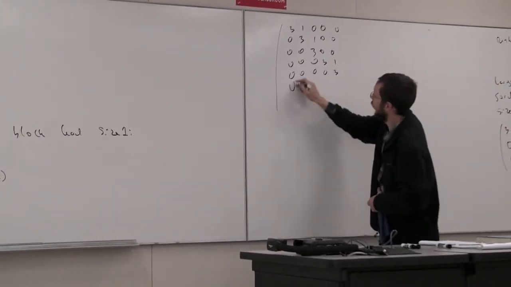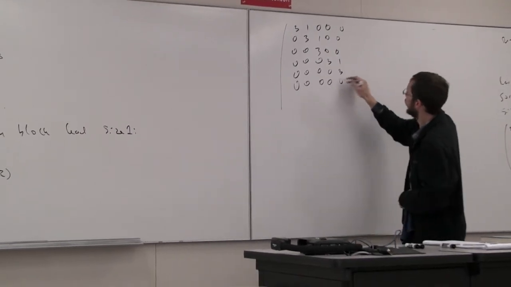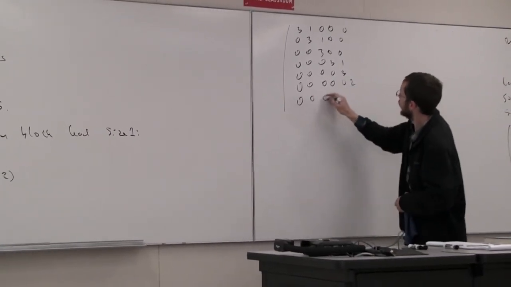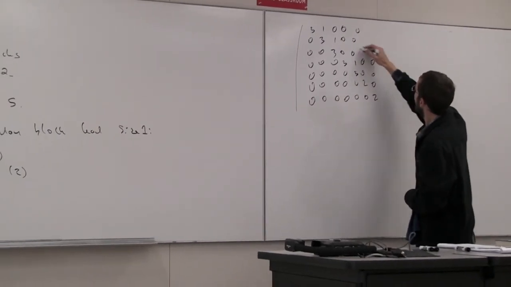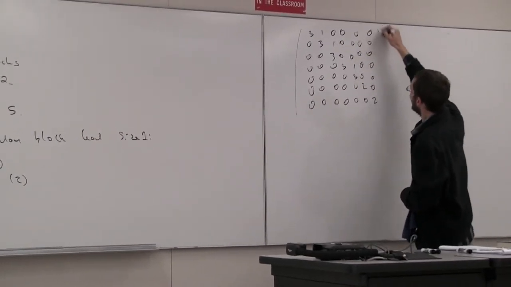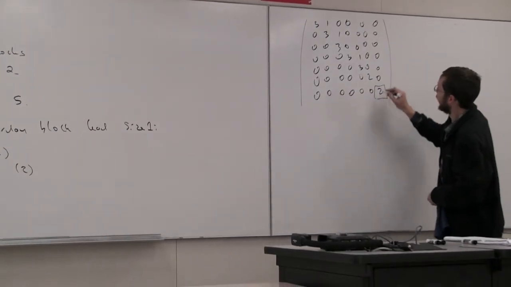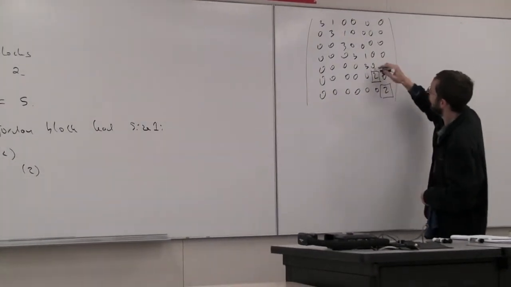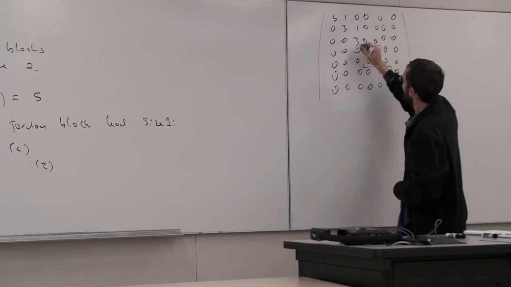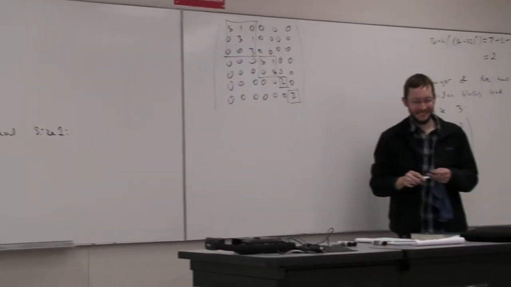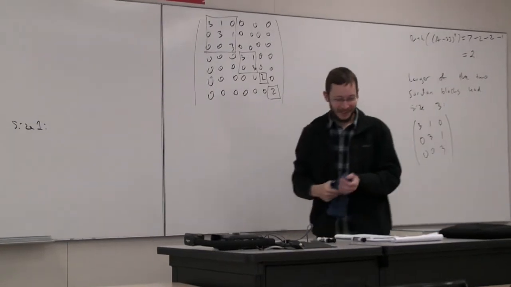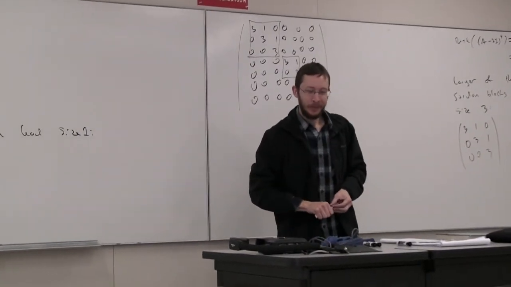And then we have 2 1 by 1s with eigenvalue 2. I think this is the craziest I've ever filled in the matrix. But there are our Jordan blocks for the eigenvalue 2. So, any questions?